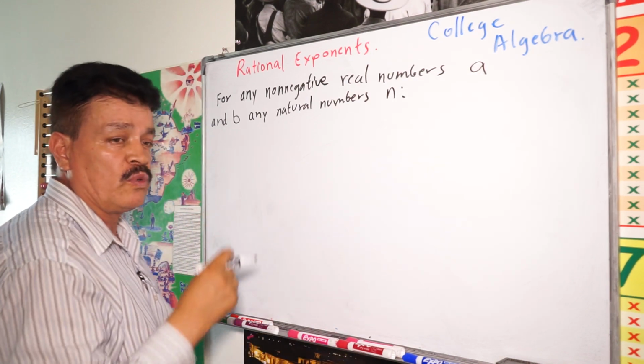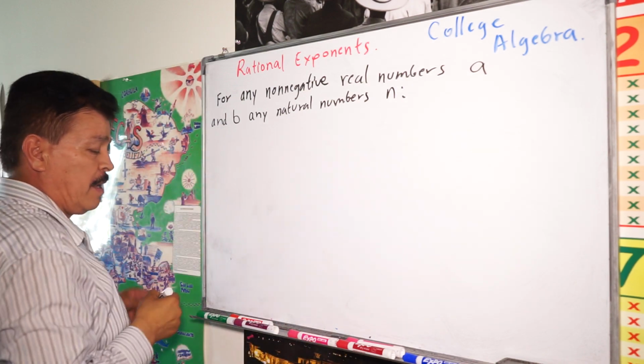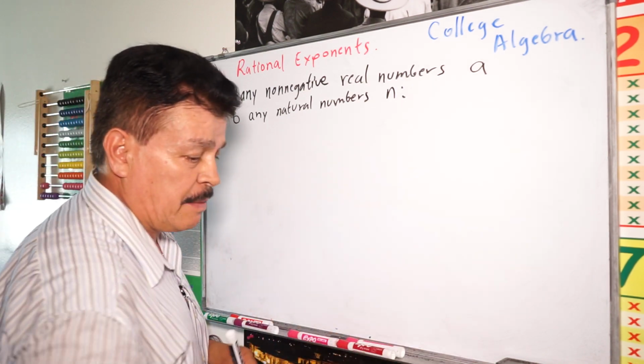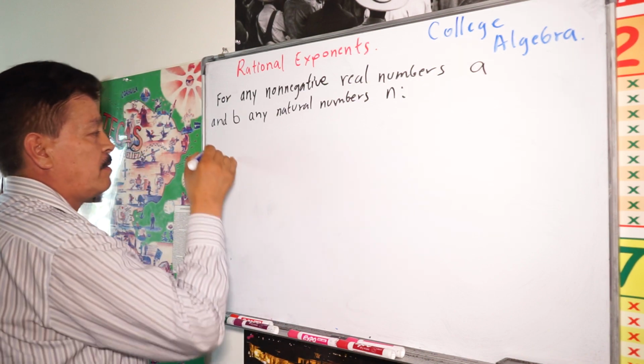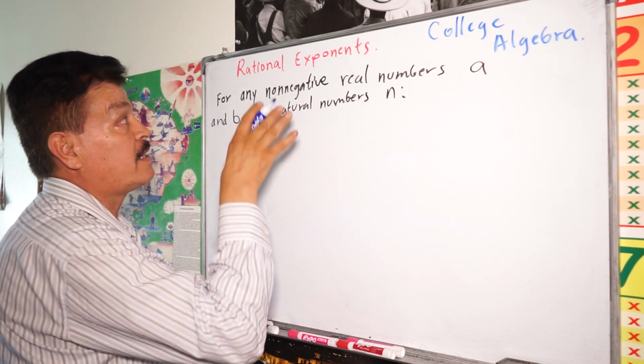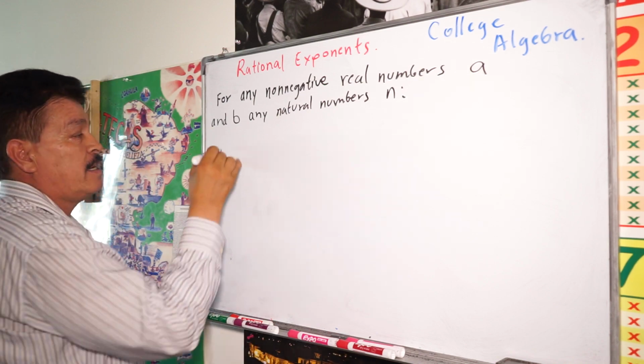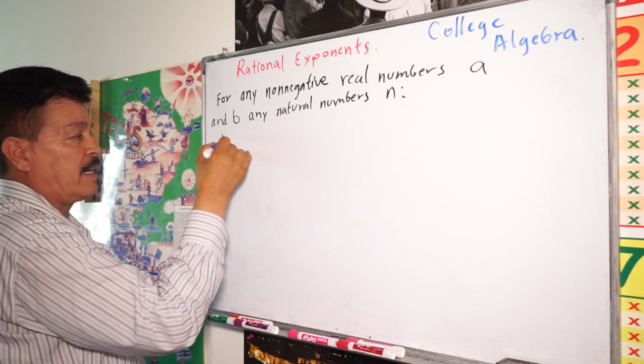Actually, I am using a radical. Using a radical is very important. Remember, I'm going to remind you of these rules before I show you some examples of how to work with rational exponents.